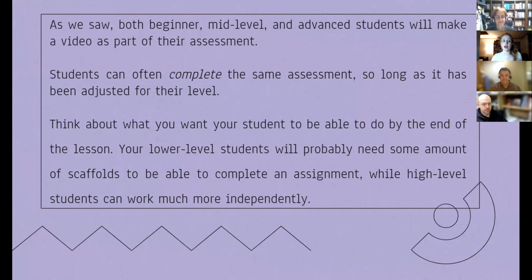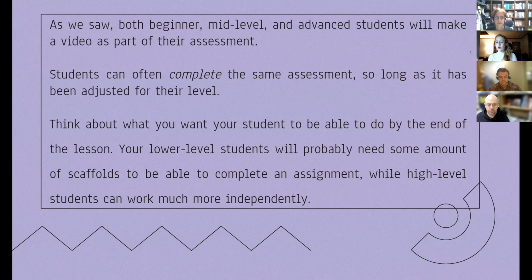So as we see, all of these levels of students will make a video. And so when it comes to differentiation, generally students can and should complete the same assessment as long as it's been adjusted for their level. If we start making different assessments, we say you make a video, but you do a worksheet, you do this. First of all, it will be messy for you trying to grade.